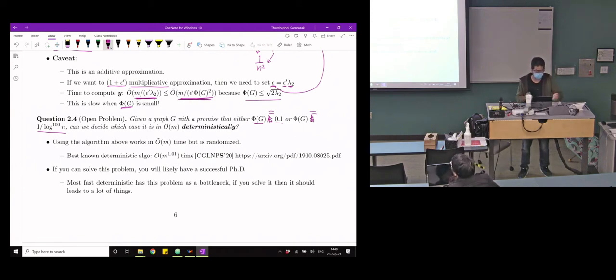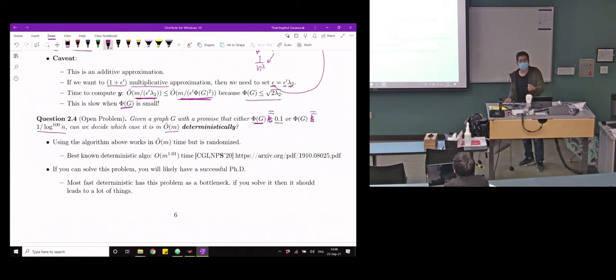Can we decide which case it is? Like if it is a very good expander or has some sparse cut? Can we decide which case it is in nearly linear time, but do it deterministically? So you can see that what we just learned completely solves this easily in nearly linear time, but randomized.